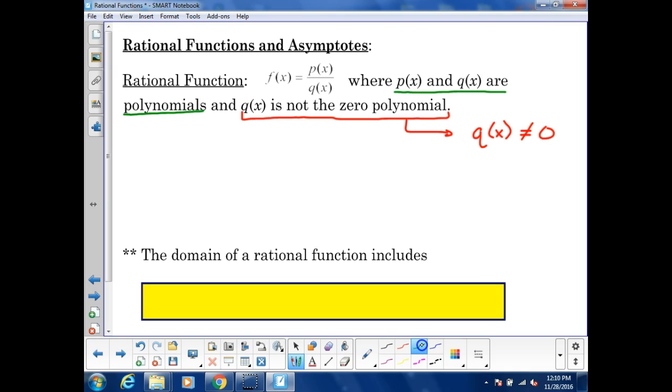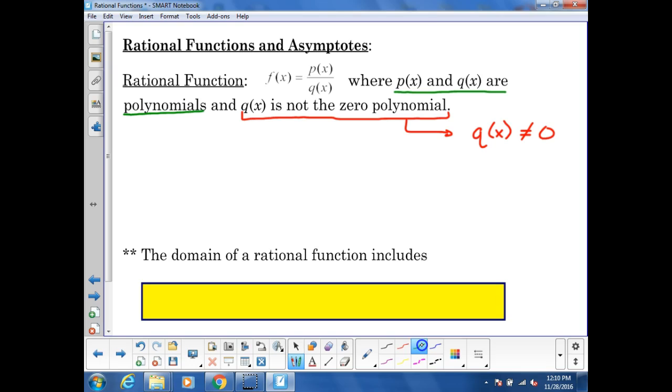Monty, how old are you? 17. 17 is a polynomial. What? It's a function. Okay. So give me an example of one. F of x equals x cubed plus 5x squared minus 3x plus 2.